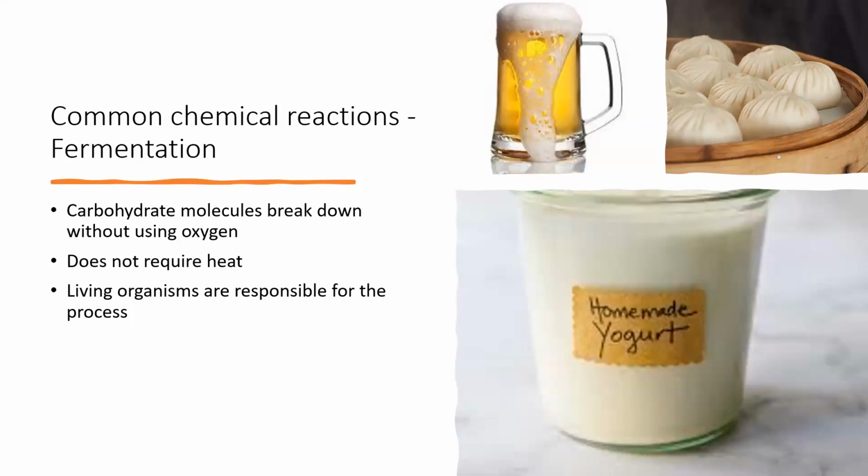As you can see from the pictures here, the beer, the yogurt, and those buns all involve the process of fermentation. That's a pretty straightforward one that I think everybody can imagine.